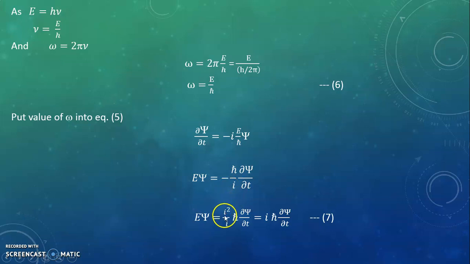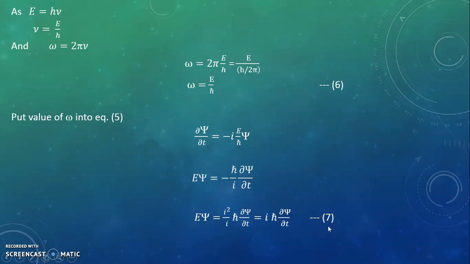So we get i squared upon i into ħ ∂ψ upon ∂t. In the numerator there is i squared and in the denominator i, so one i gets cancelled and it remains iħ ∂ψ upon ∂t. So we are getting this value: Eψ is equal to iħ ∂ψ upon ∂t.